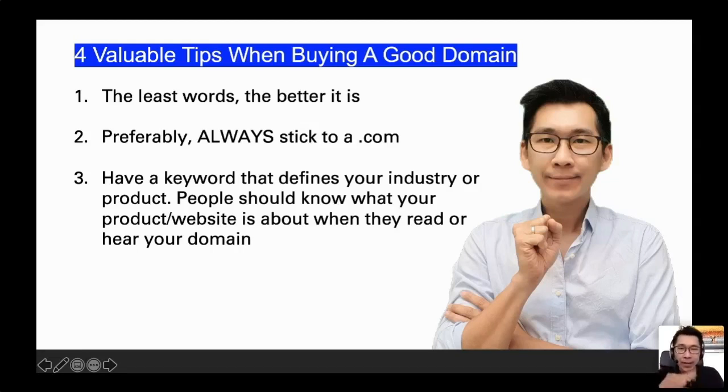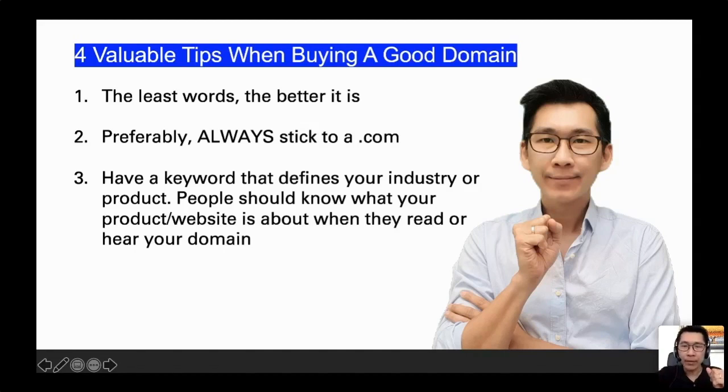Even the brand can tell people what it is. Like, for instance, if I tell you operation0employees.com, automatically you know what it is about. It is about how to build a business with no employees, 0 employees. It's very straightforward. So having a word that triggers it would be good, because they will understand your business, and also it sort of pre-frames them what it is about.